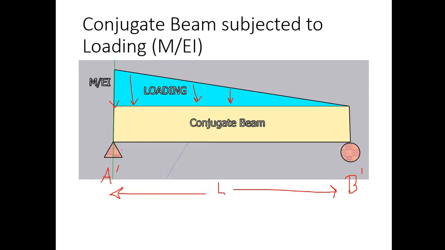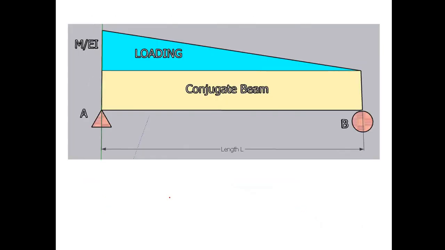Now we have to calculate the shear force at end A and the shear force at end B. The shear force at end A is nothing but the reaction at A, and the shear force at end B is the reaction at B. You understand? Now how to calculate the reactions. First of all you consider the point B. Summation of moment at point B is equal to 0.